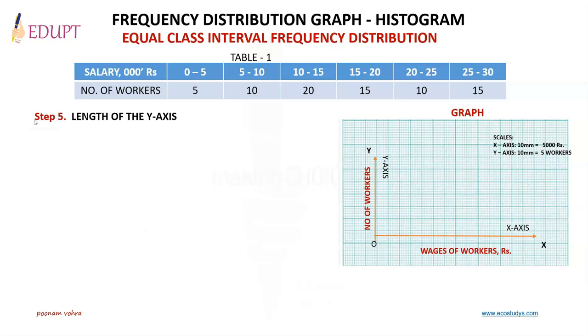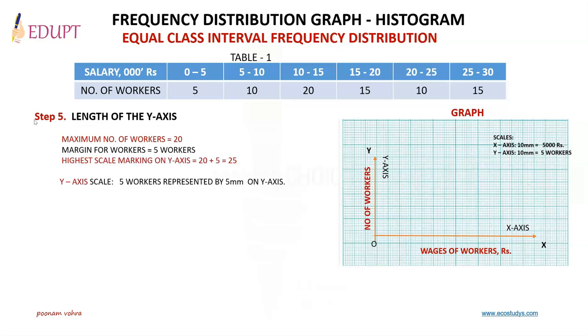Now length of y-axis. Maximum number of workers are 20. Margin for workers is 5 workers. Highest scale marking on y-axis would be 20 plus 5, which is 25. So y-axis scale is 5 workers represented by 5 mm.